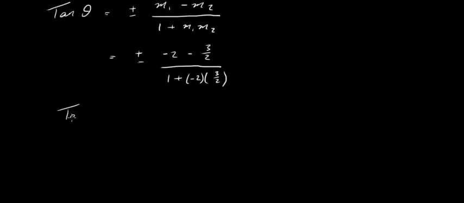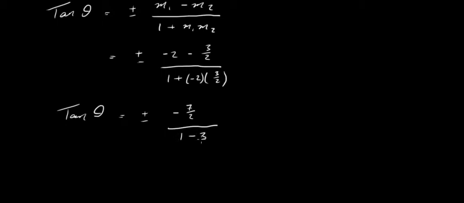So we have our tan theta. Tan theta here is just going to be plus or minus. This is minus 2 minus 1.5, that's minus 3 over 2, so that's just going to be minus 7 over 2, I think, isn't it? 2, 3, yeah. And then on the bottom here we have 1 minus, minus times plus is minus, so this will just give me 1 minus 3.